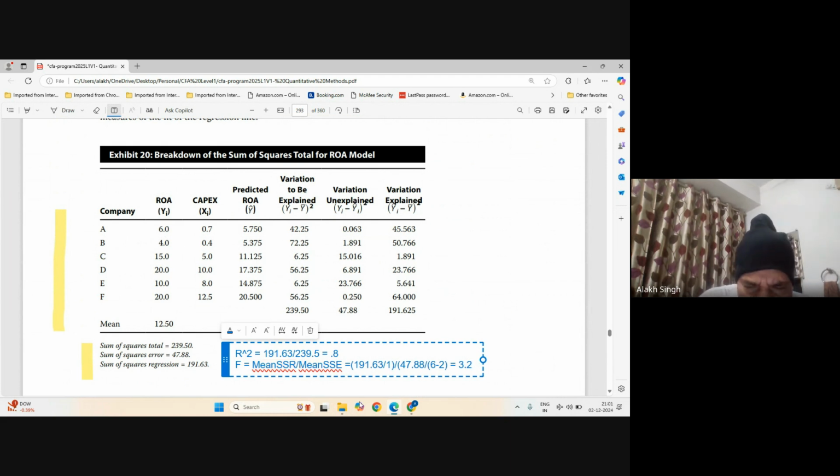So F is equal to SSR divided by k, with the numerator in parenthesis, and the whole divided by SSE divided by n minus k minus 1. So that's what this formula actually is.